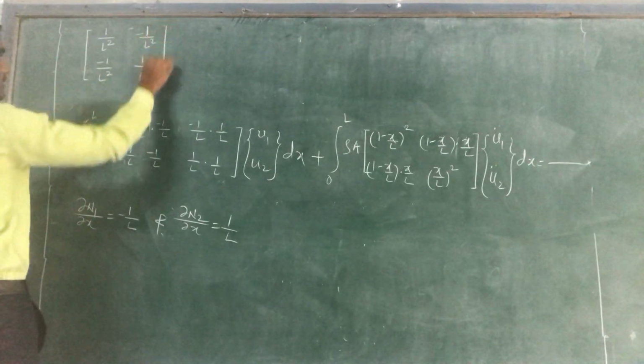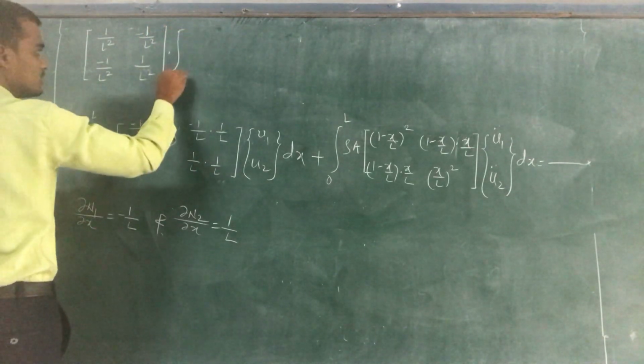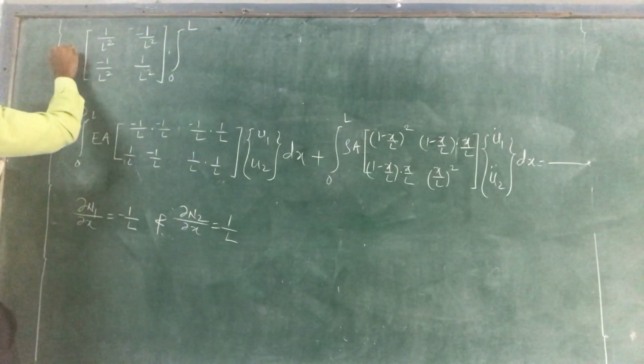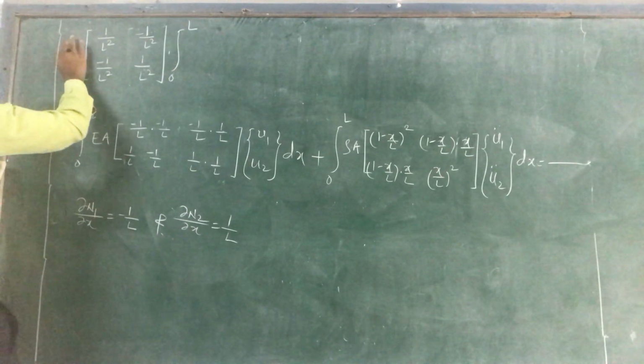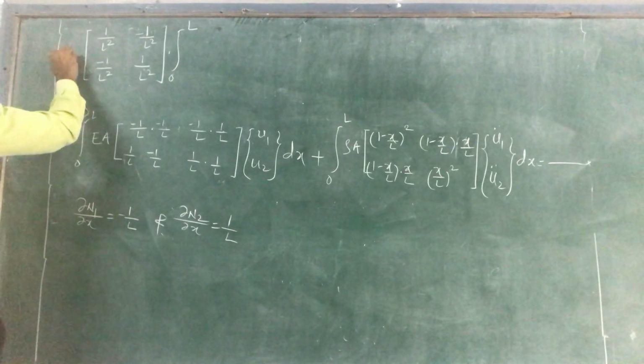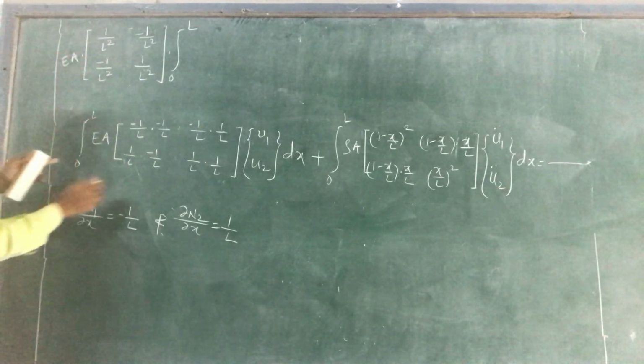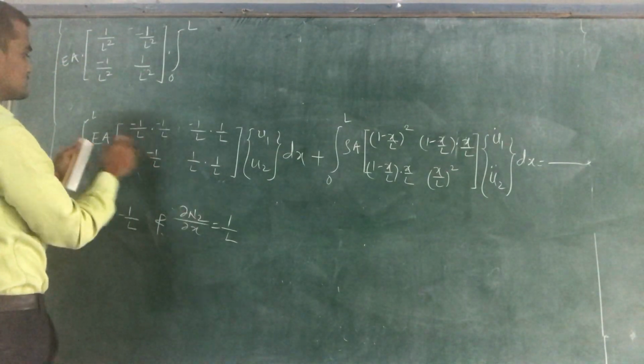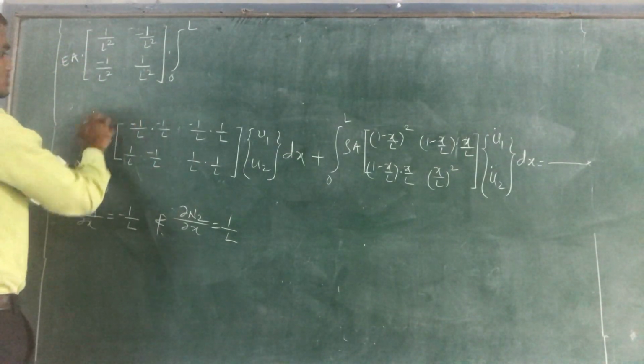Into integration 0 to L, this rho EA should be there, this EA into this matrix, because this is a constant matrix. EA is also a constant term.